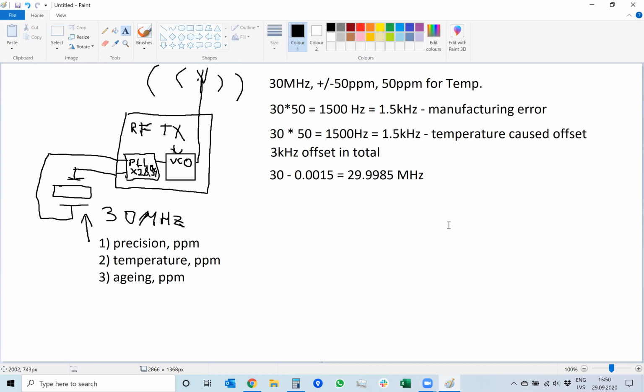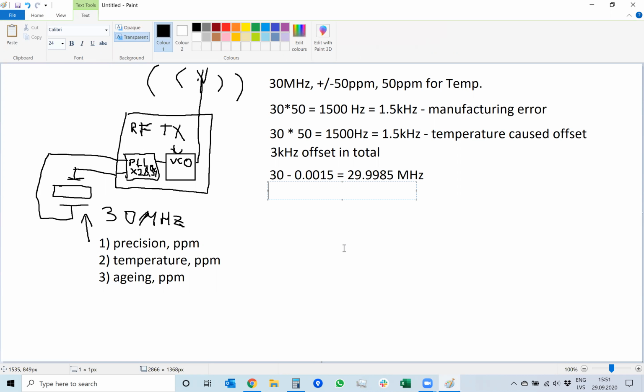Right. So, is it good or is it bad? It looks small at the moment, but if we multiply this low frequency with the PLL, and only then we transmit this frequency to the air. Let's say our multiplier was 28.94.